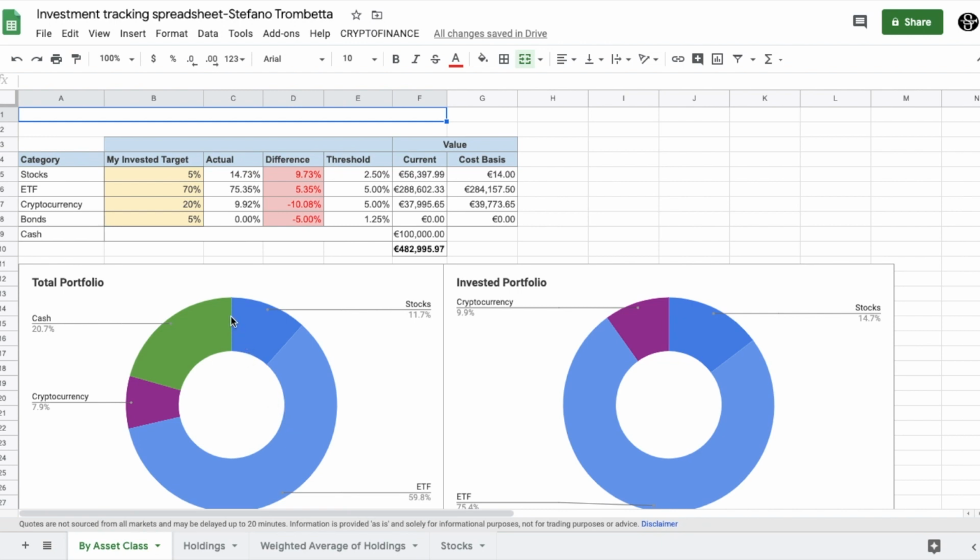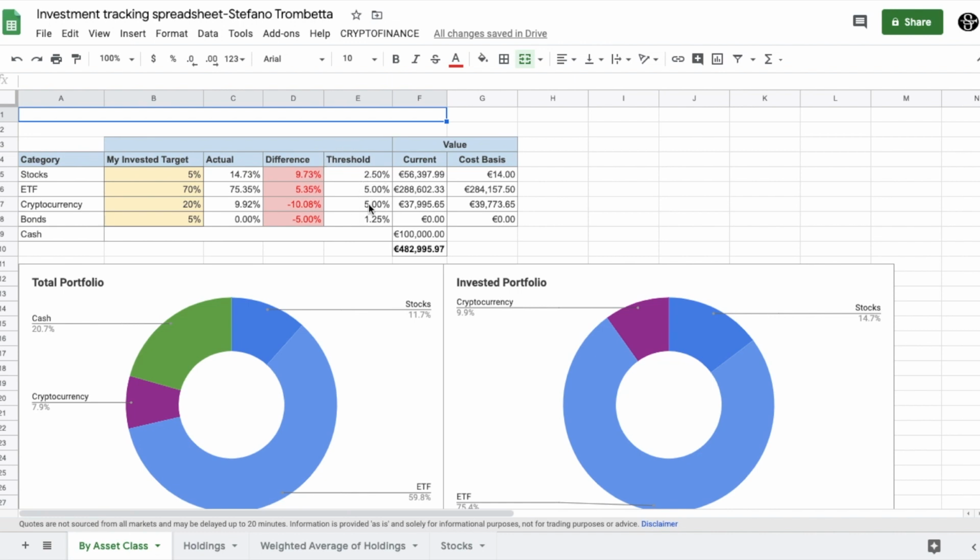So here you can see the invested target, so of your invested money, how much you want to invest in stocks, ETFs, crypto, or bonds. This is your actual amount of money invested, and this is the difference.